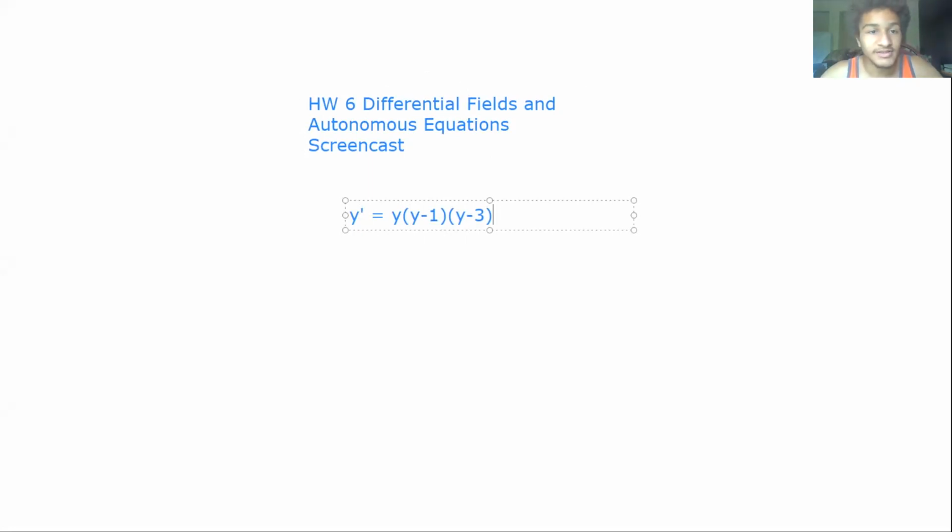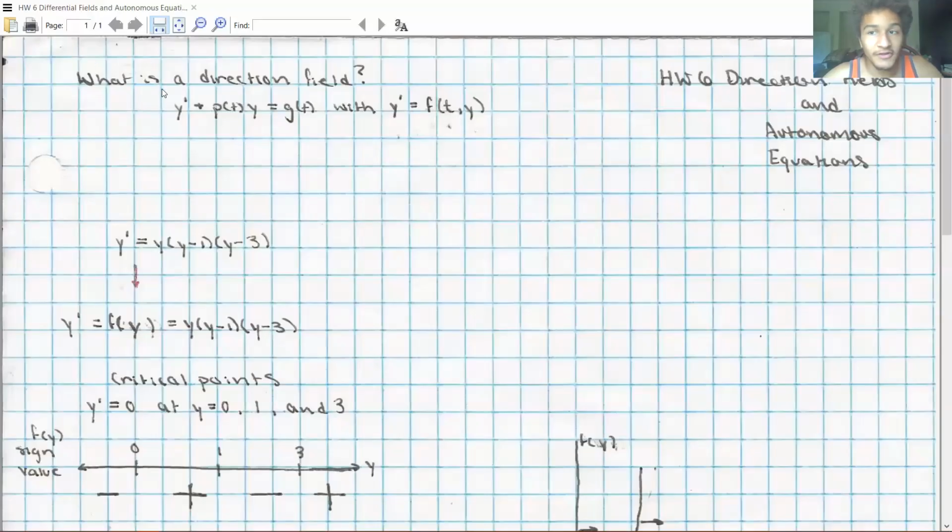Okay, so let's start out. What is a directional field? A directional field given by any first order differential equation, and we'll set it with respect to t and y, is the set of y prime for any given unique solutions t and y.